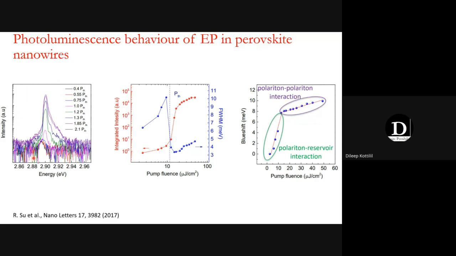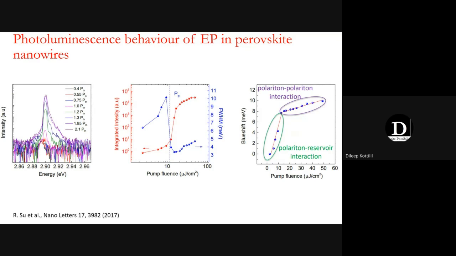That is what you see in figure A. As they increase the laser pump intensity, at a certain intensity, which they call the threshold pump, there is a transition from the usual PL, which looks like noisy data, but it's not actually noisy. It's in log scale. That's why it looks noisy.